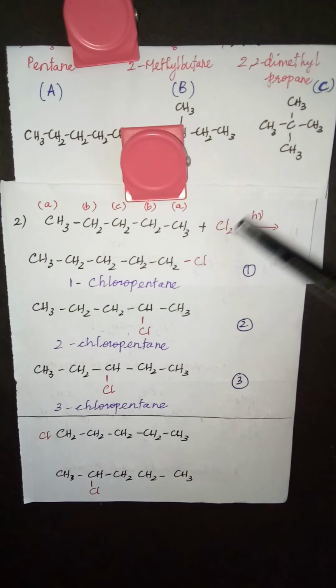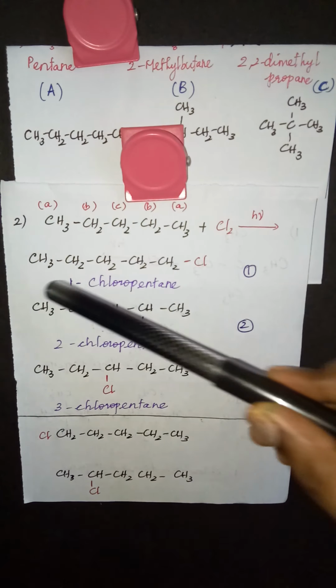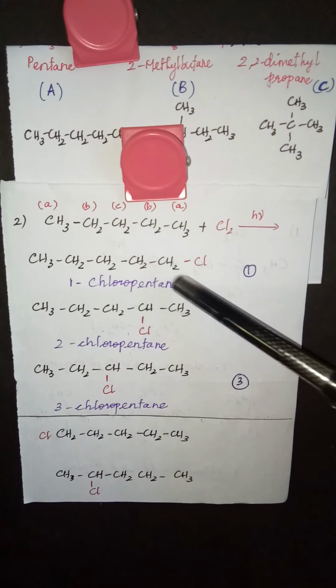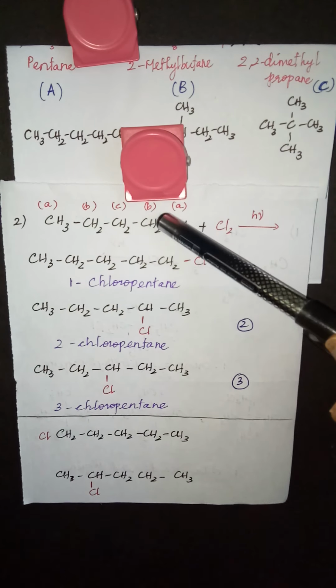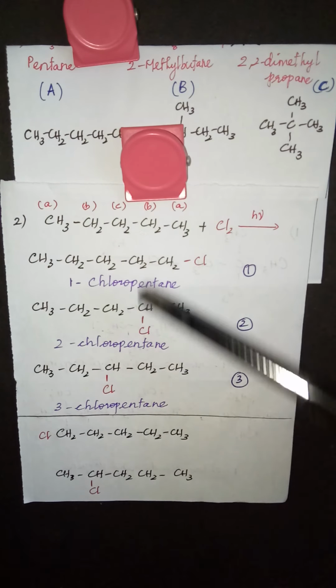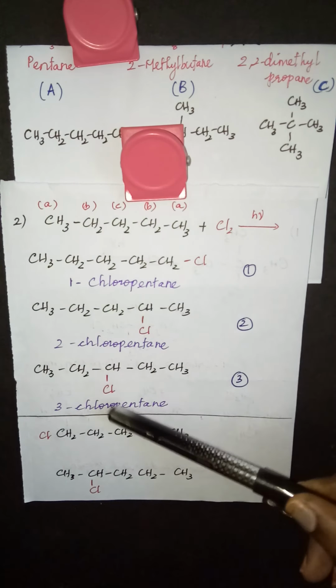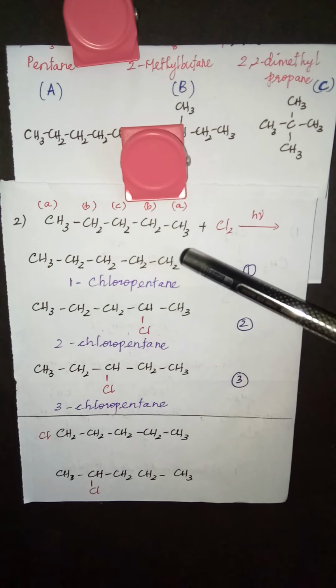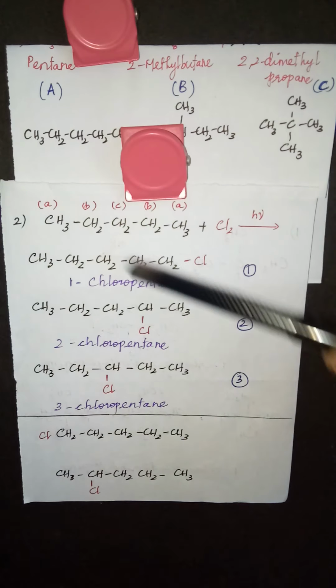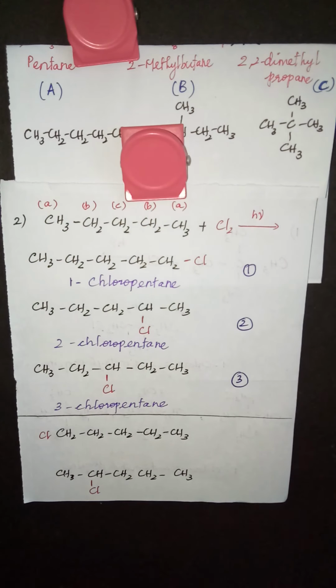Now I'm treating this with chlorine in the presence of UV light. Now see, first I'm replacing this hydrogen with chlorine. I get 1-chloropentane, and then I'm replacing this hydrogen with chlorine. I'm getting 2-chloropentane, and the third possibility, I'm replacing this hydrogen with chlorine. I'm getting 3-chloropentane. So totally I get 3 products. So pentane gives 3 products.